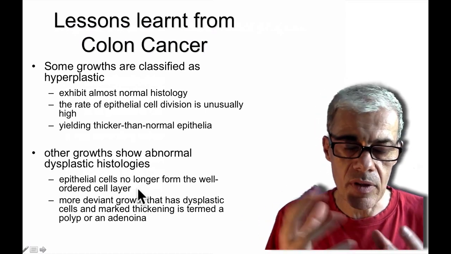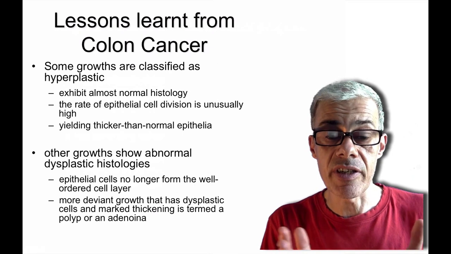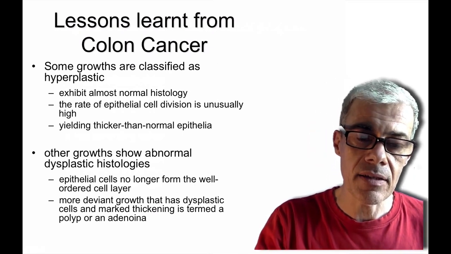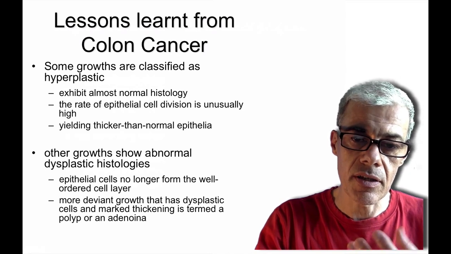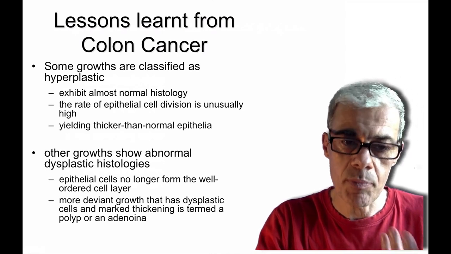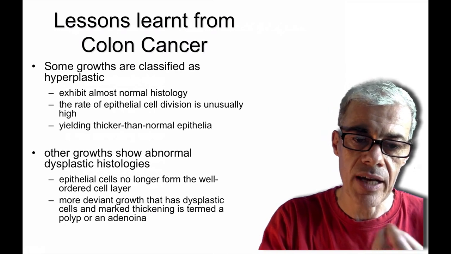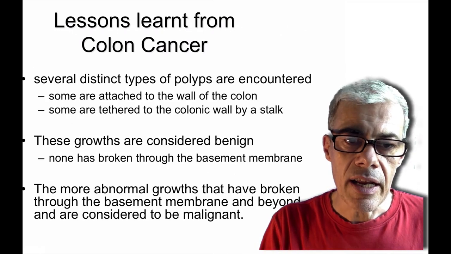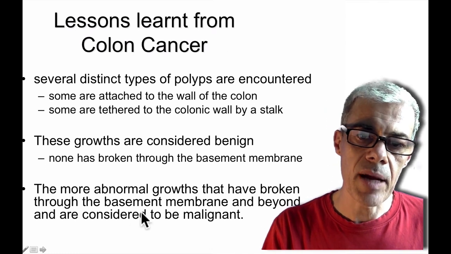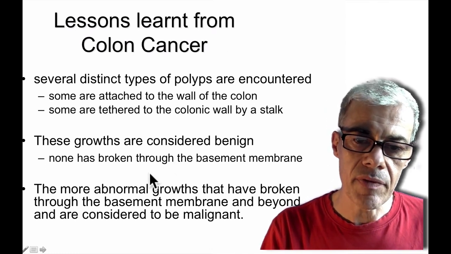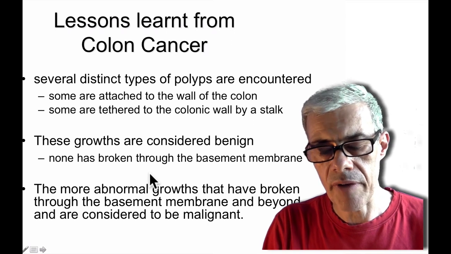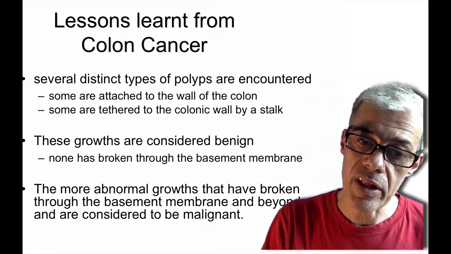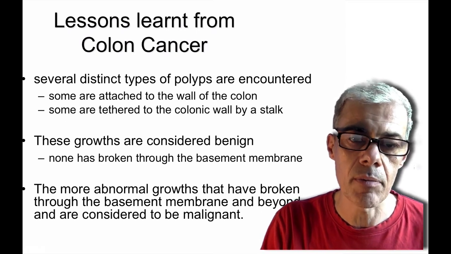They've lost the characteristics of normal cells, and as the disease progresses, these are referred to as polyps or adenoma. These are fairly benign unless they're able to break through the basal membrane and invade the bloodstream or the vascular system, and then be transported around the body, where they may invade other tissues and become malignant.